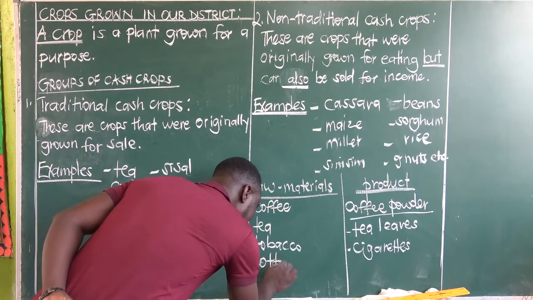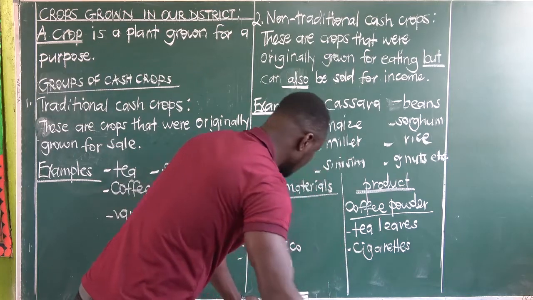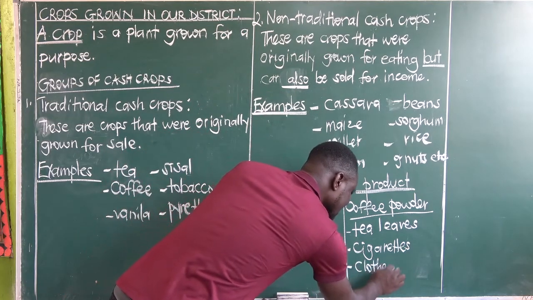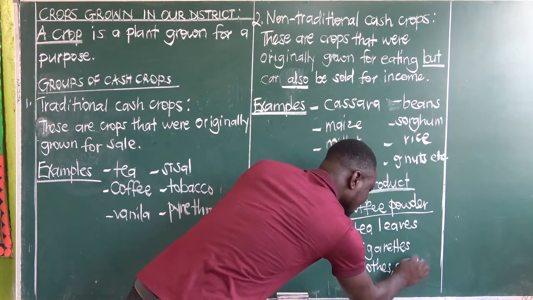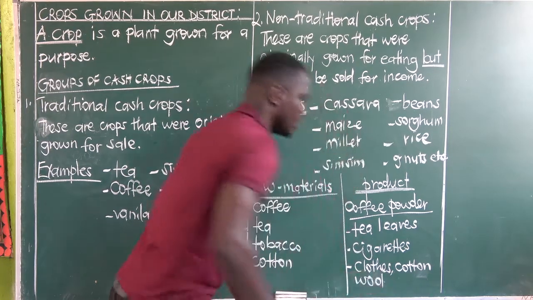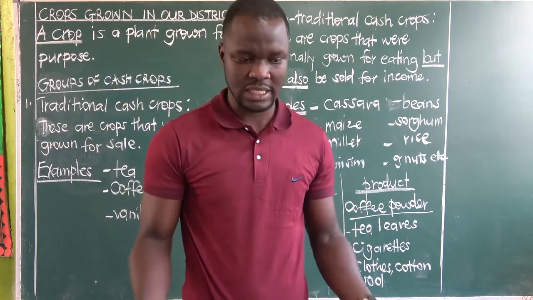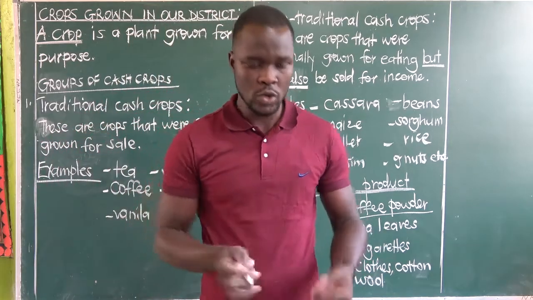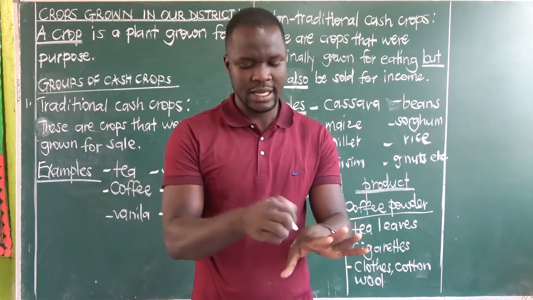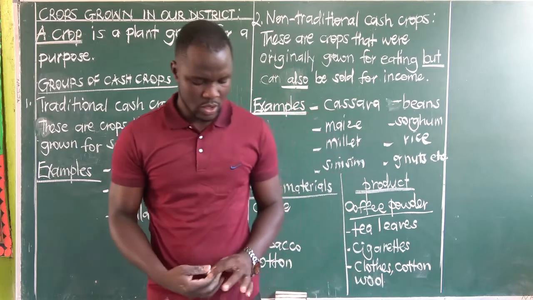This cotton can be used for making clothes, and for making cotton wool. Cotton wool is always used in hospitals and clinics. When you have a wound, they put some spirit on it, then they clean the wound for dressing. So that is what we call cotton wool.